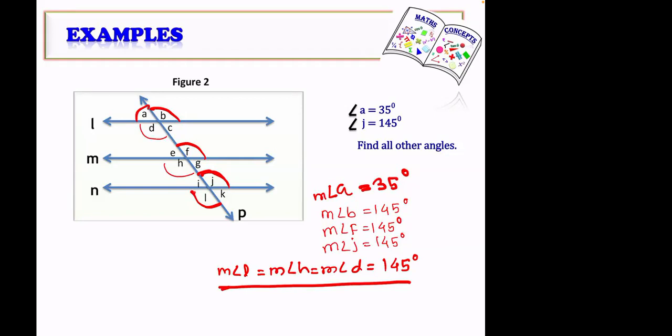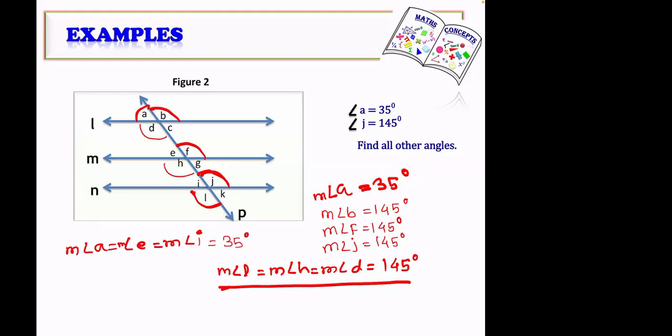Now, Shriya, tell me corresponding angles of A. Okay, ma'am. E and I. Correct. So measure angle A would be equal to measure angle E equal to measure angle I, equal to how much? 35 degrees.